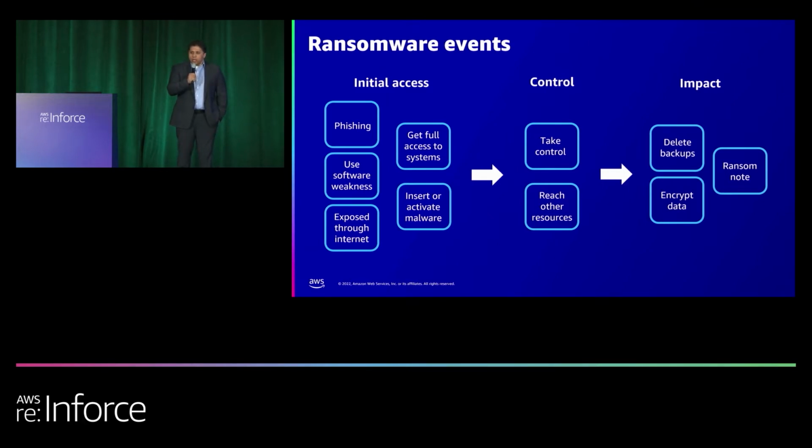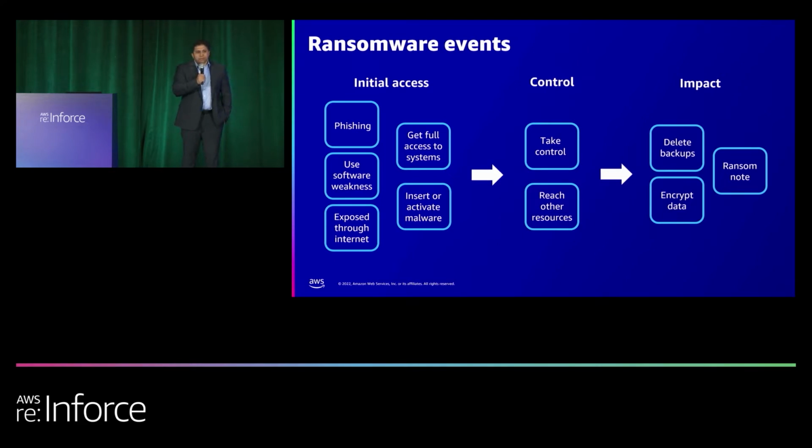And once such systems and such programs get access to your environment, they could activate the malware, and it could lie dormant for a long time, which could make it very hard for it to be detected.